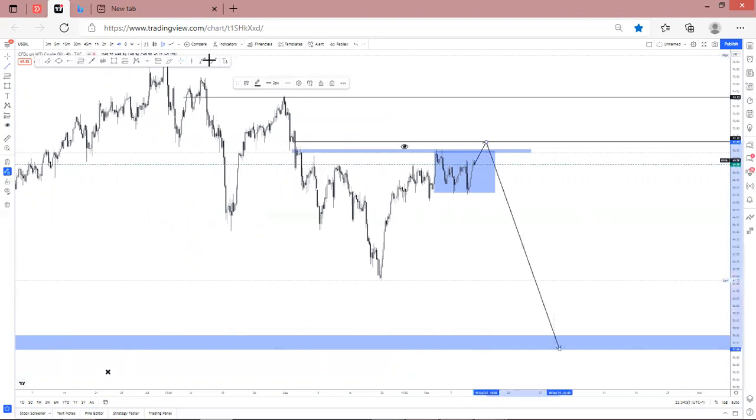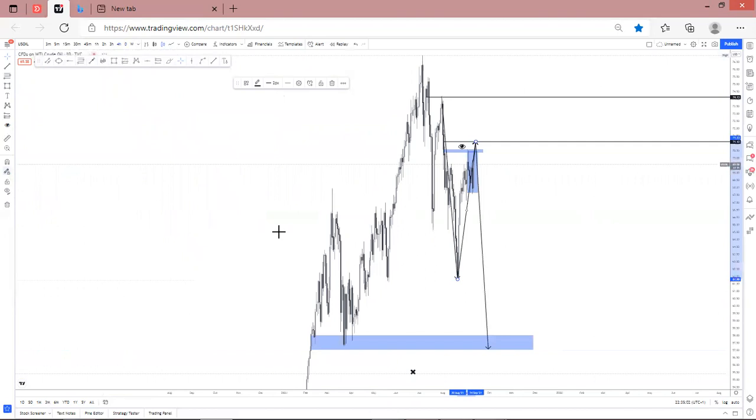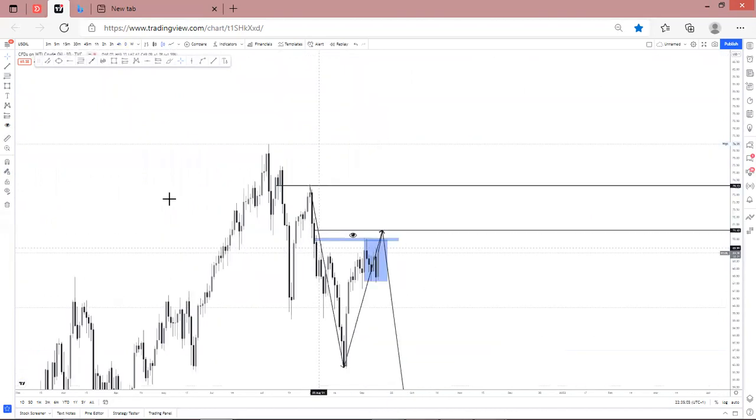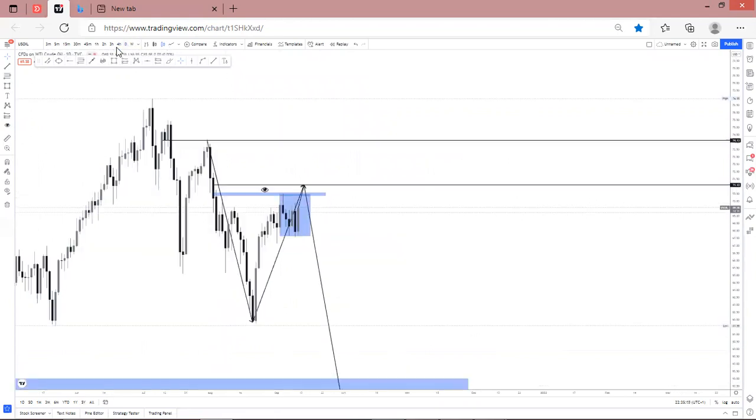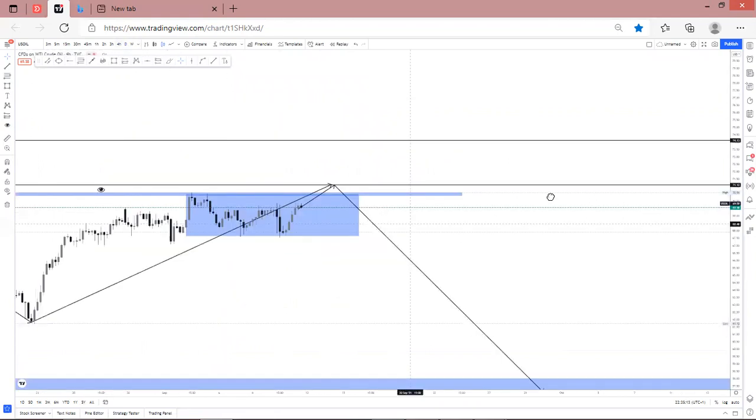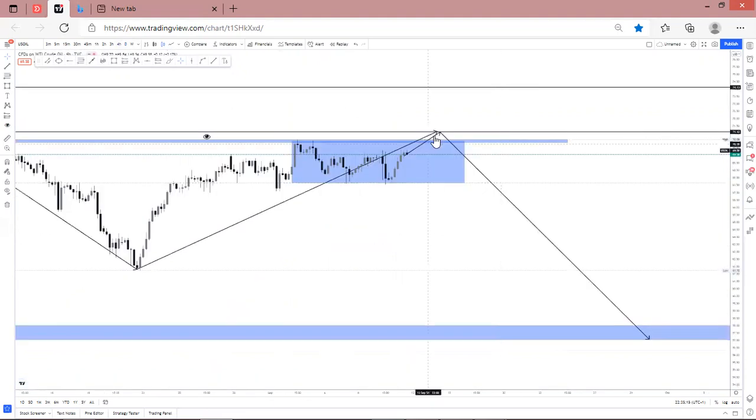And now if we want to check this out, it will be like an impulsive corrective, and we have this drop. If you go back on the daily, you'll see how price sniped this daily order block. Price has sniped this daily order block, so we're expecting price to snipe this 4-hour order block also.